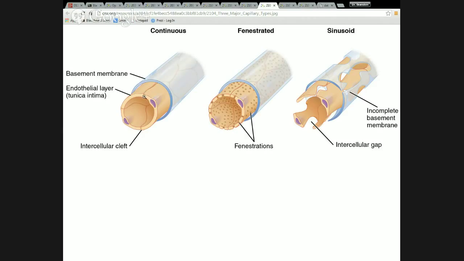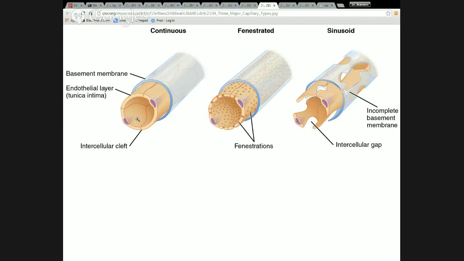So barely anything can get through those gaps there, called the intercellular clefts. Really the only things that can are small molecules like water or electrolytes, ions, and that sort of thing can move through there. But bigger molecules like glucose or amino acids or something like that can't move through the intercellular clefts.